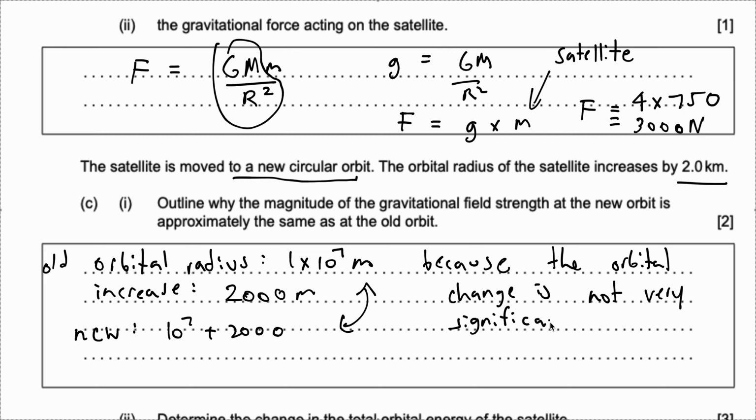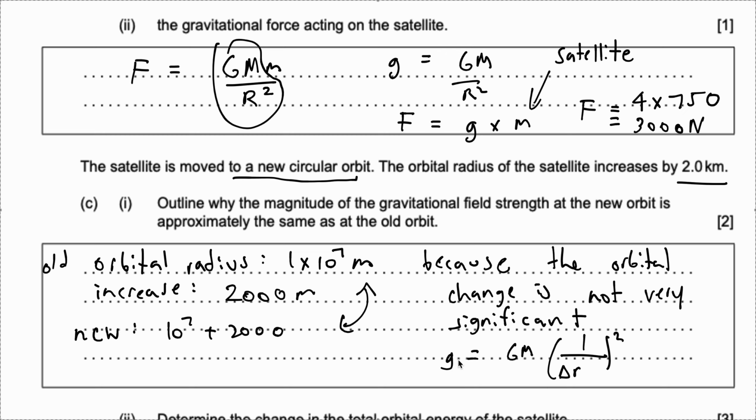And we can basically use the equation to back this up. Now, what is the equation for gravitational field strength? We can just say that's g = GM over r squared. So, if you look at this, there's not going to be much change.